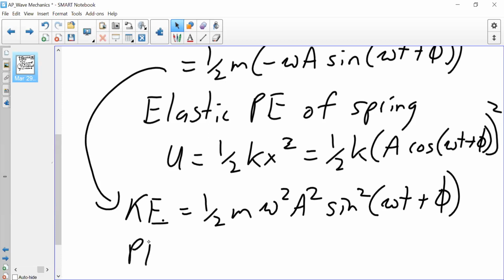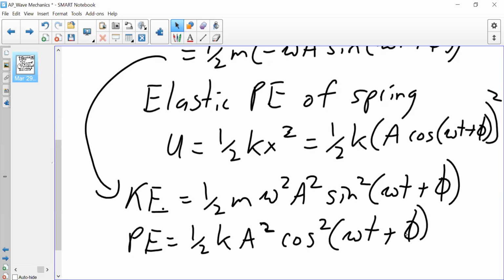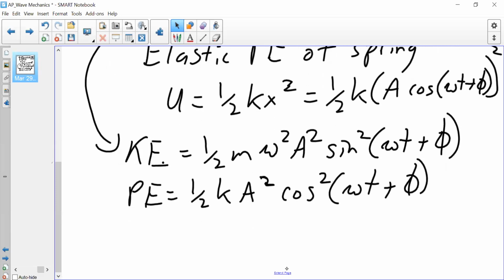And then potential energy is going to just be 1/2 k A squared cosine squared omega t plus phi. Probably see where this is going. Sine squared plus cosine squared is 1.